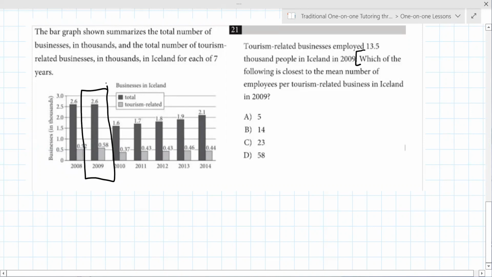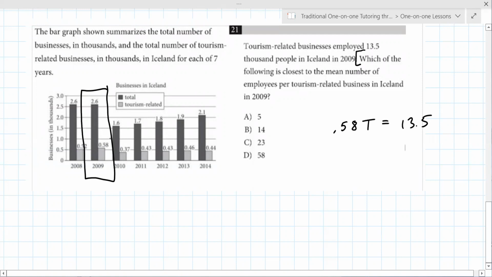Okay, and we know that the 2.6 is in thousands, so you would multiply this number times 1,000. But it says tourism related businesses employed 13.5 thousand people. This is not a good question. So the answer here is you say 0.58 times the total is 13.5.